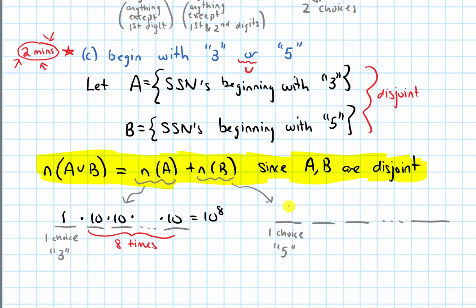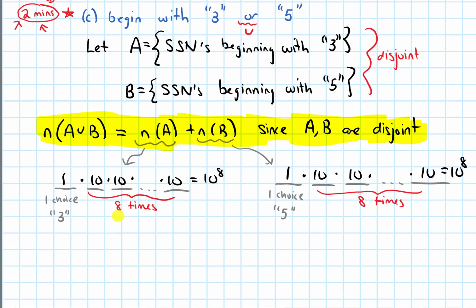So I'm going to put a 1 in that spot. And then for each of the other digits, we can pick any of the 10 choices. So we'll put a 10, and a 10, and a 10 in each of those positions. Just like before, we are putting a 10 in 8 times. And if we multiply this out, we get 10 to the 8 power.